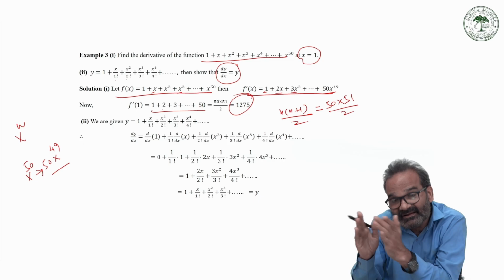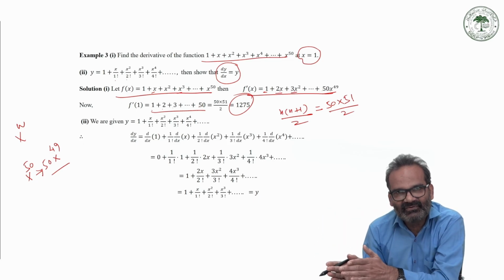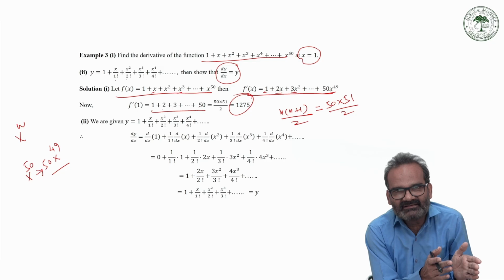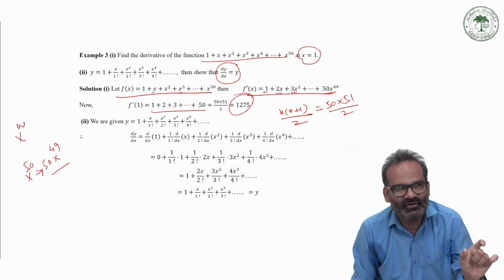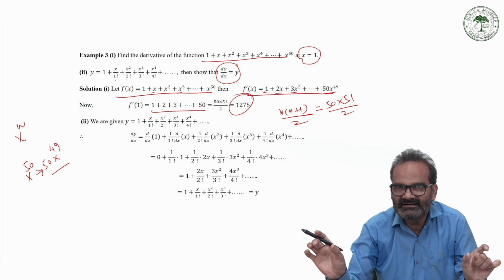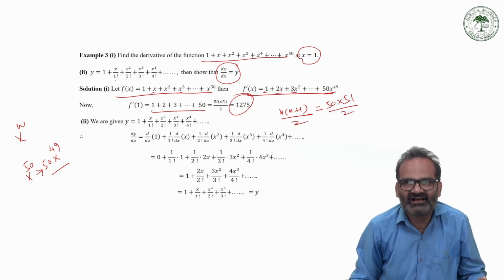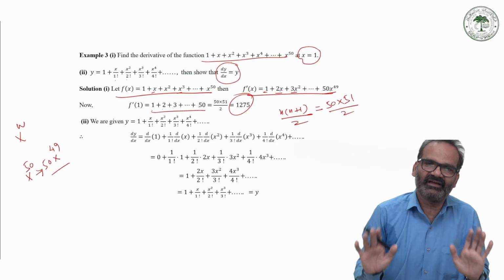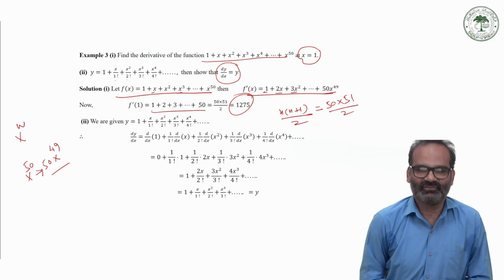Case 2, take the right hand side, simplify it, and try to obtain the left hand side. And in some cases, we solve the left hand side and the right hand side separately. If both sides are equal, then the solution has been achieved.